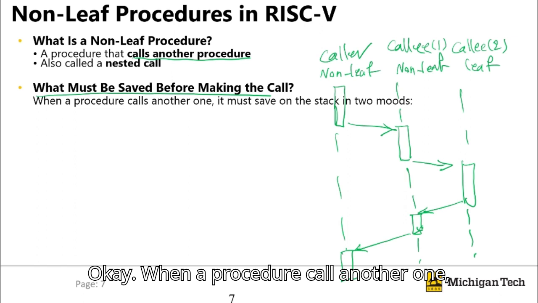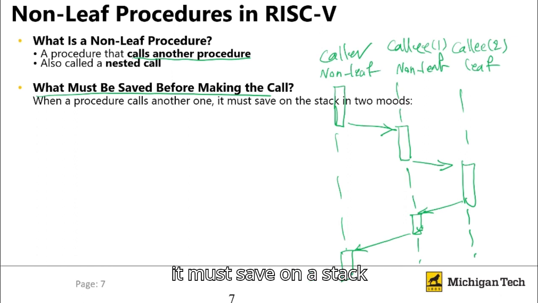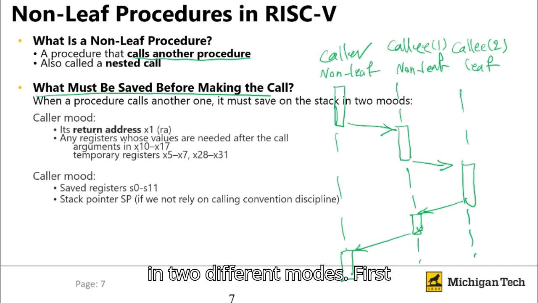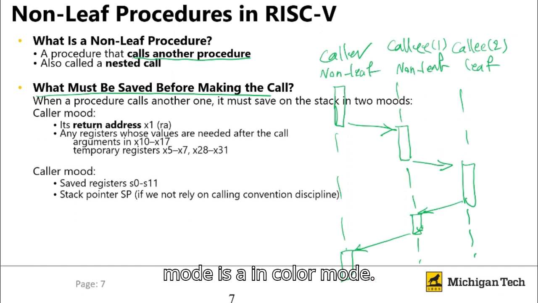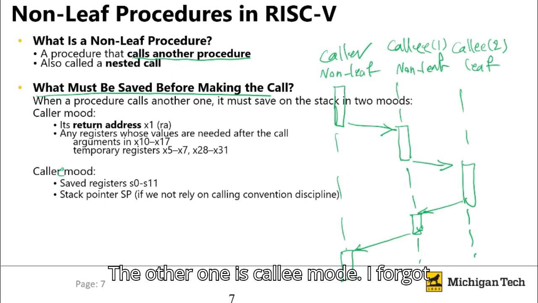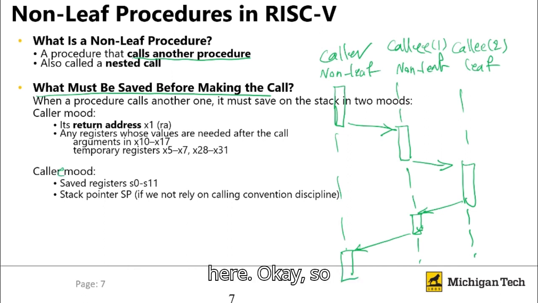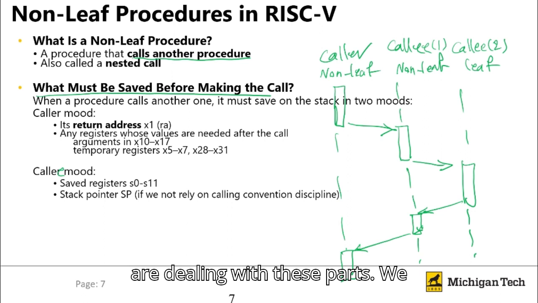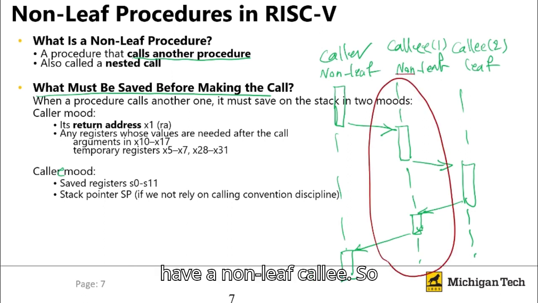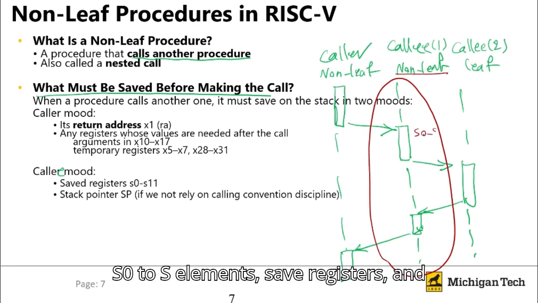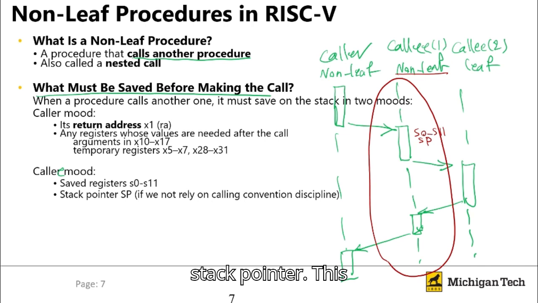Okay, when a procedure calls another one, it must save on the stack in two different modes. First mode is caller mode, the other one is callee mode. Okay, so we are dealing with these parts. We have a non-leaf callee. When we call that, we need to save S0 to S11 saved registers and the stack pointer.